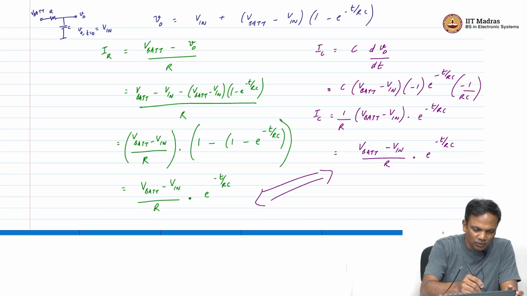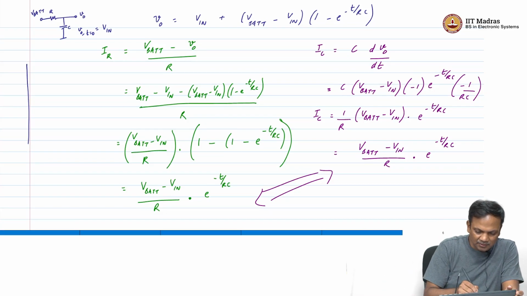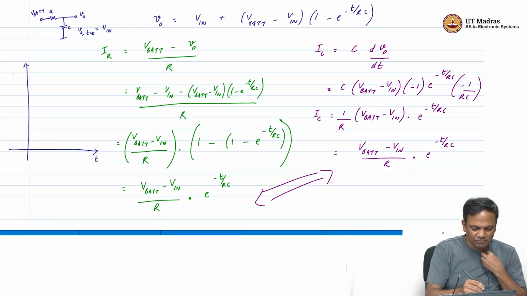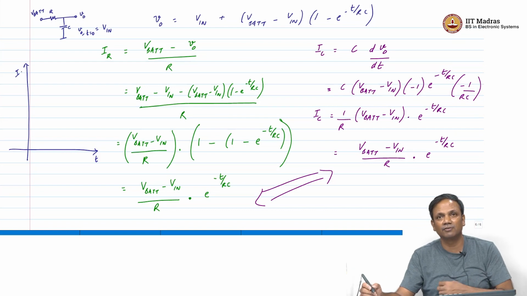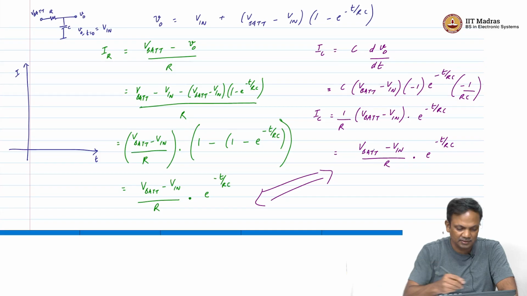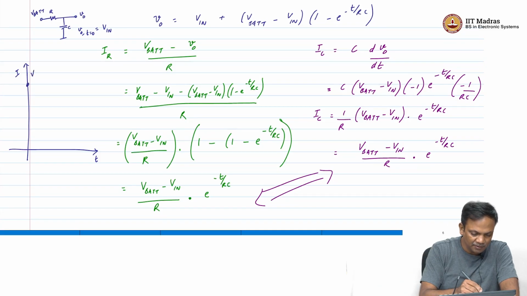So, let us now go and try to plot this current. How will our ammeter read as a function of time?